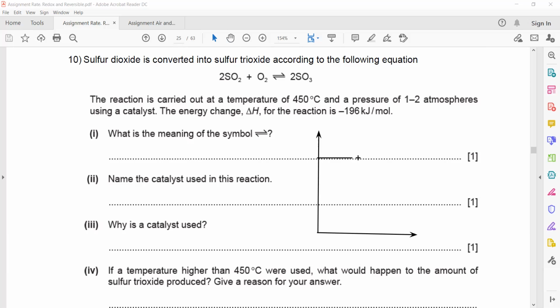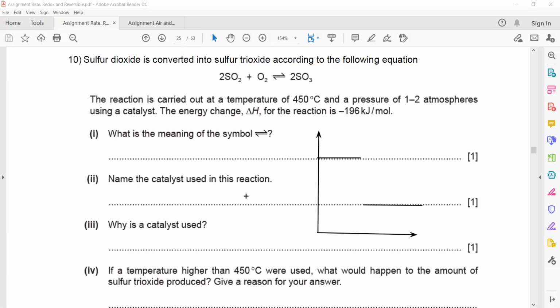If we increase the temperature above 450, what will happen to the amount of sulfur trioxide? The yield will decrease, and you can give a reason for your answer. You will mention the equilibrium will shift towards the left-hand side.